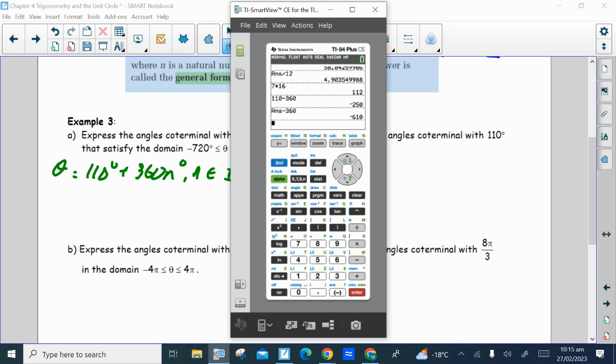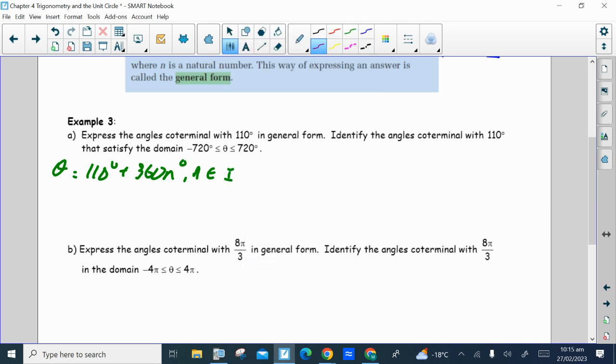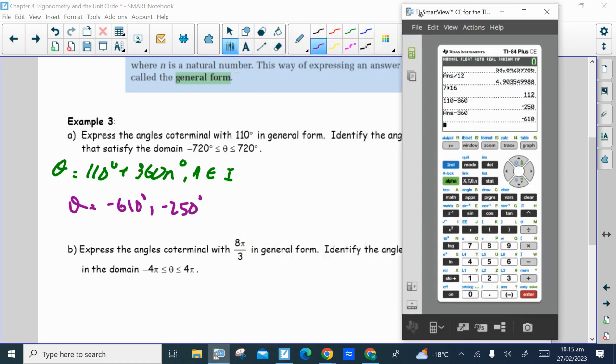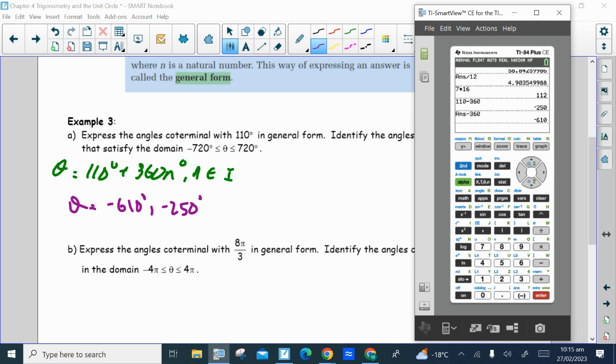So we wouldn't include that in our list of answers, because we only want to state the angles between negative and positive 720. So negative 610 and negative 250 would be our first coterminal angles, the ones that are negative. And it doesn't matter what order you write these in. I'm writing them from smallest to greatest.